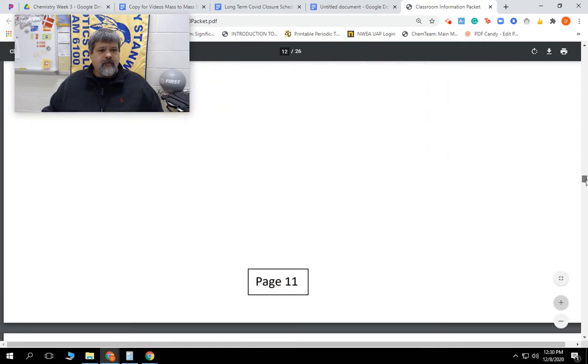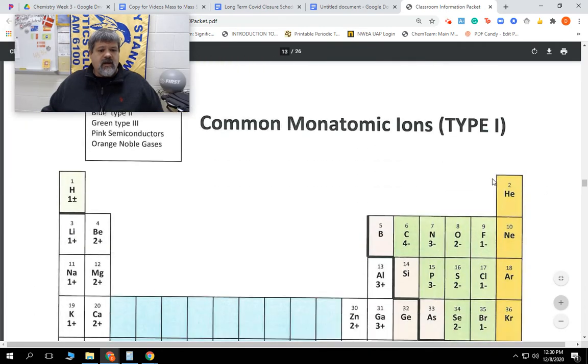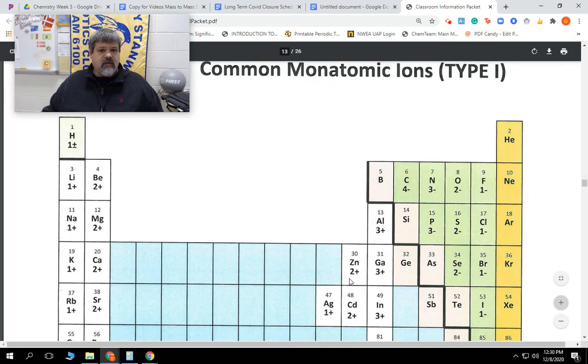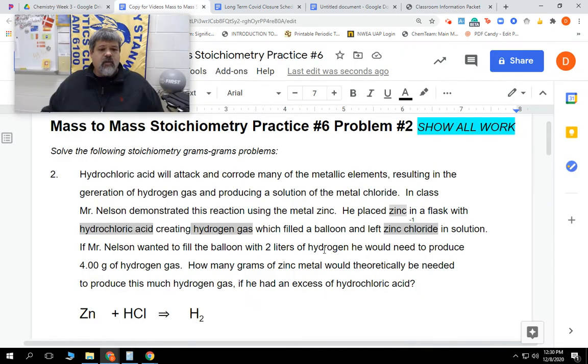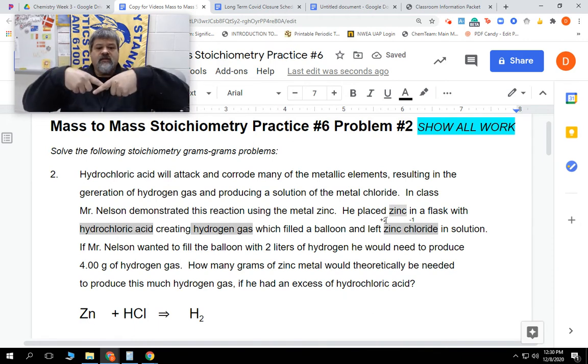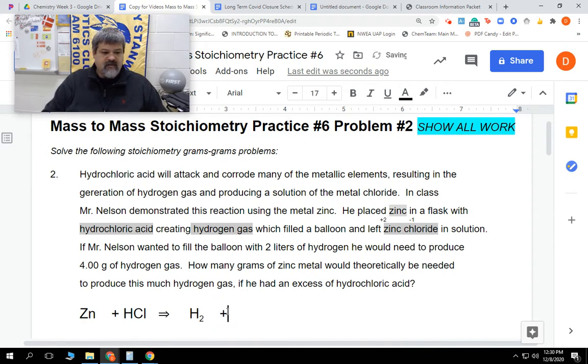Zinc is a +2. So if we go back to the question, we know that zinc right here is a +2. They don't cancel each other out, so that means they need to crisscross. So I need to have 2 chlorines and 1 zinc. So we're going to add 1 zinc, Zn, and 2 chlorines, and there is our formula for zinc chloride.